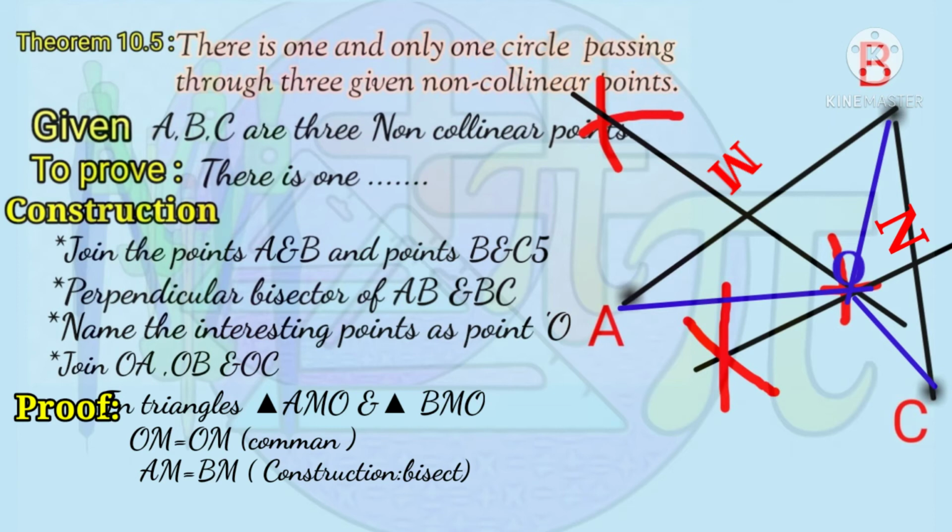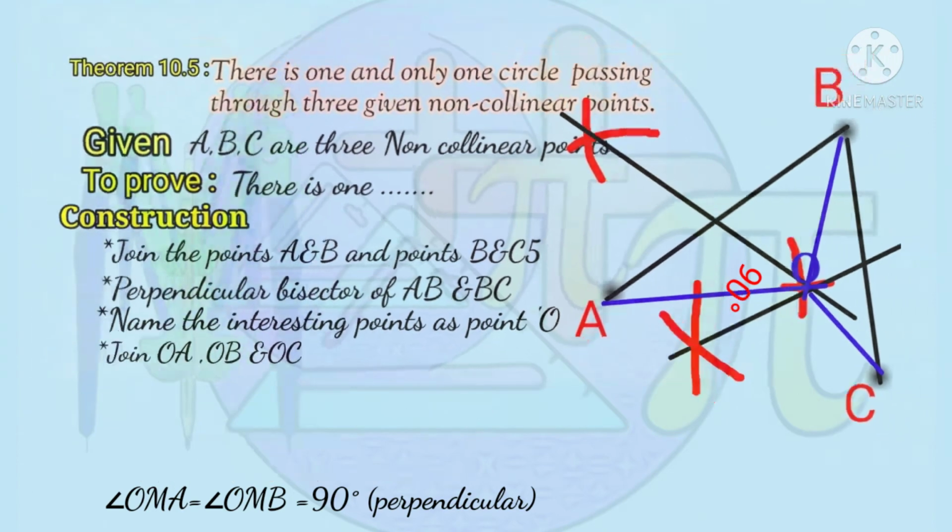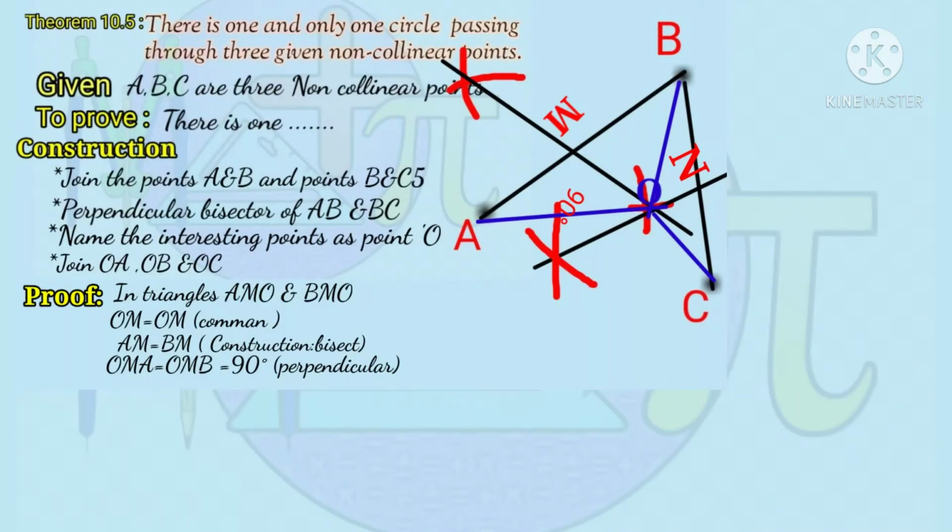As you know, angle OMA is equal to 90 degrees and angle OMB is also equal to 90 degrees because it is a perpendicular bisector. So triangle OMA and triangle OMB are congruent by SAS. If these two triangles are congruent, then every part of them is congruent. So we can see easily that OA is equal to OB.